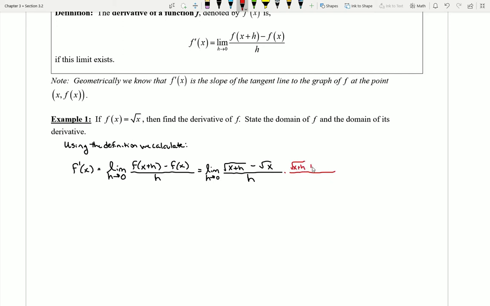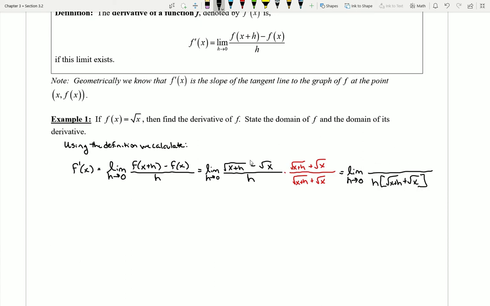So maybe square root of x plus h under the radical plus square root of x, and I'll multiply by the same thing to the bottom. If I do this, on the bottom, I'm going to have my h, and then multiplied by the sum of these two radicals.